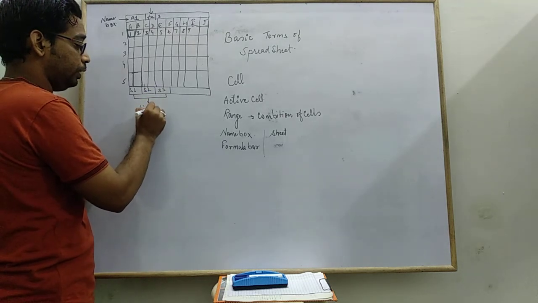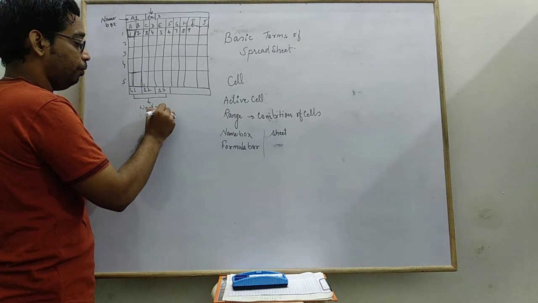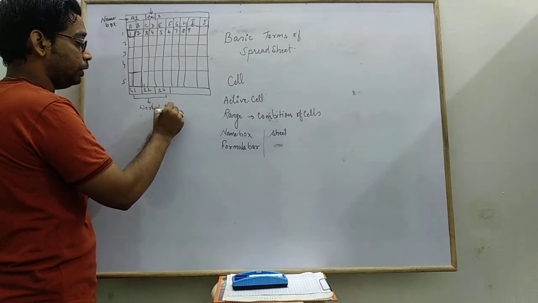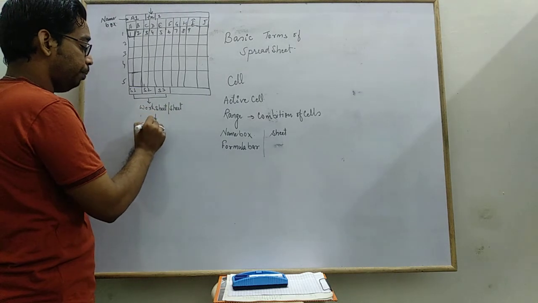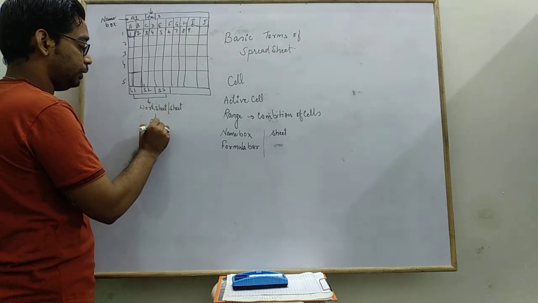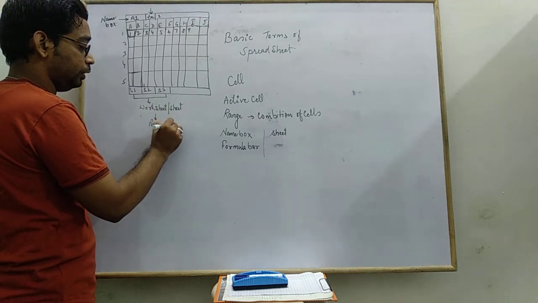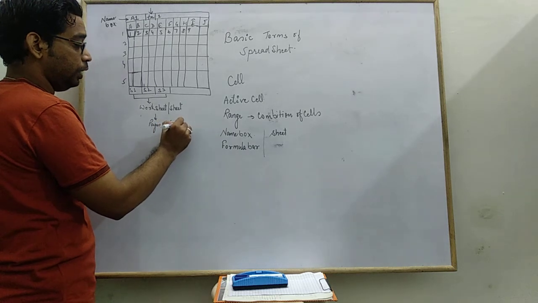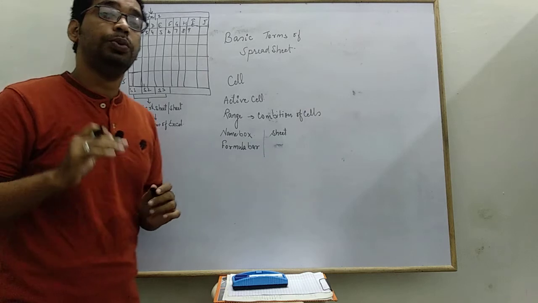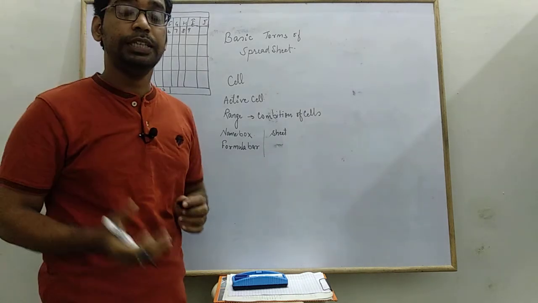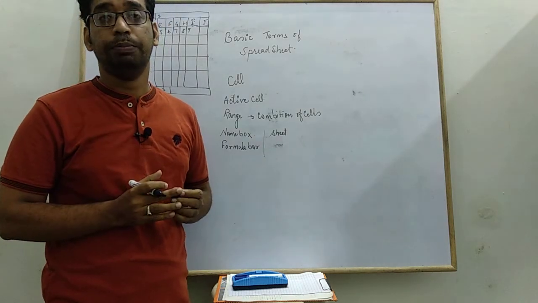Sometimes it is also known as a worksheet, or simply sheets. These are the pages of Excel. By default there are 3 sheets. You can increase the number of sheets and you can also decrease the number of sheets.